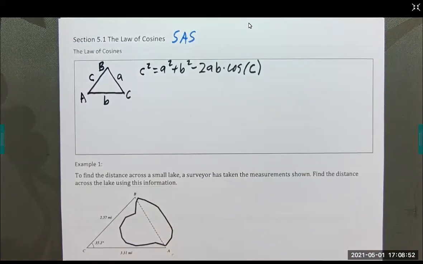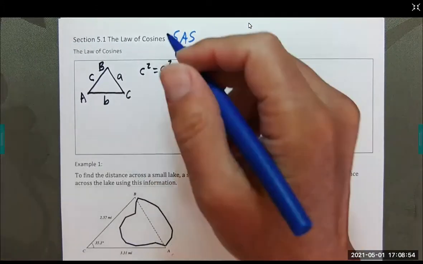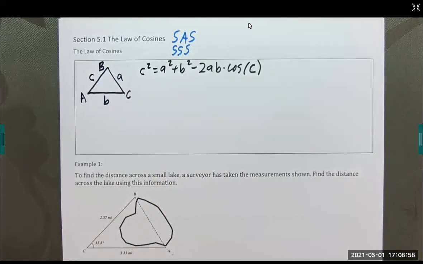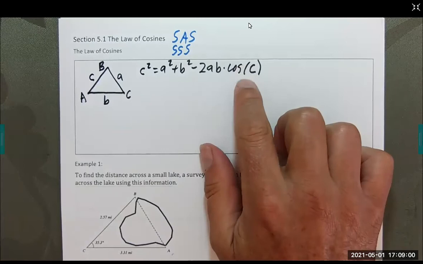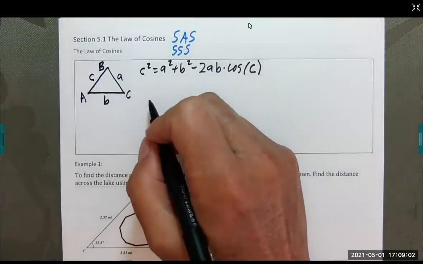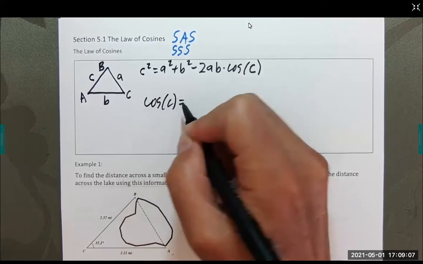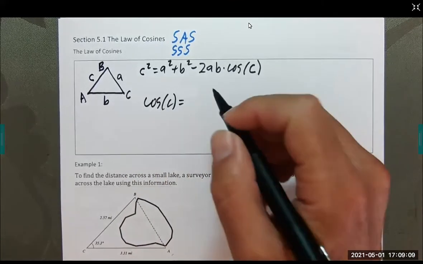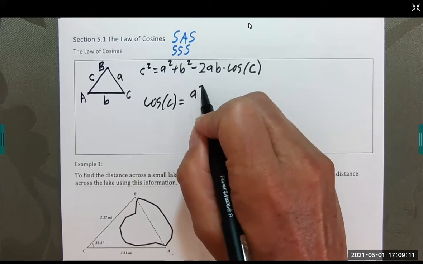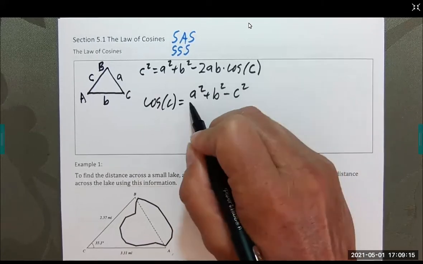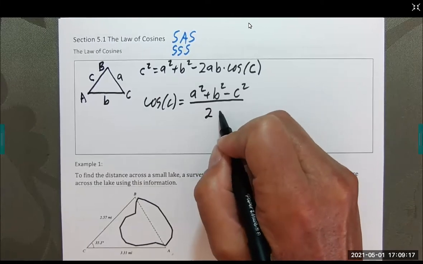In addition to that, we can also use it for side, side, side. However, that comes from solving for the cosine of C. So when I solve for the cosine of C, that's going to give me A squared plus B squared minus C squared all over 2AB.